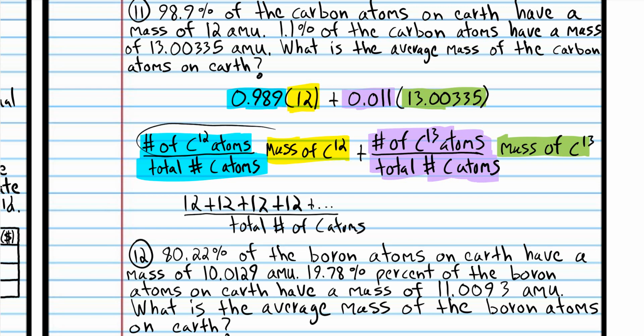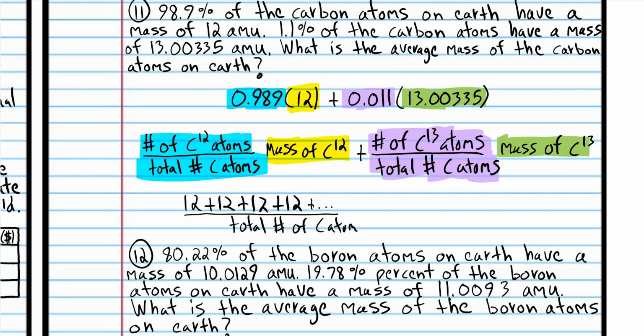So when you multiply these numbers, remember, when you multiply a fraction by a number, you just multiply that number into the numerator. You don't multiply it by the denominator. So when you take the number of carbon atoms and multiply by the mass of each carbon atom, which is 12, we're just adding 12 however many times, or however many number of carbon-12 atoms there are.